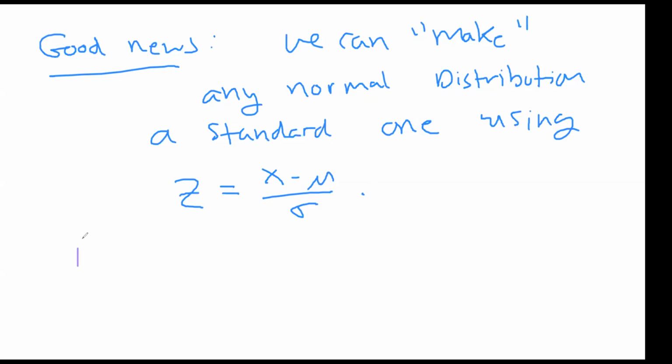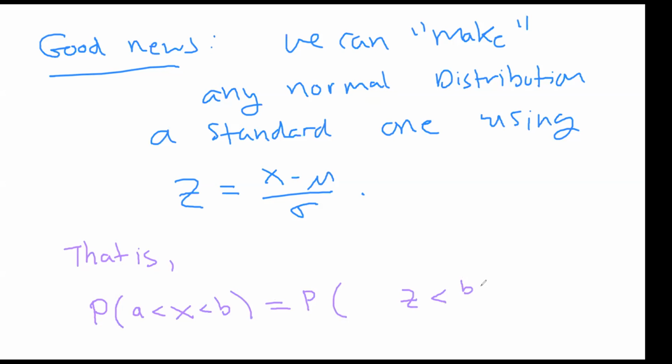So that is the probability that, say, X is between A and B. Well, you can use some calculus, and we don't care about that here, but we can write this as the probability that Z is less than B minus mu over sigma, and Z is greater than A minus mu over sigma. Now, let me clean that up. That's ugly.